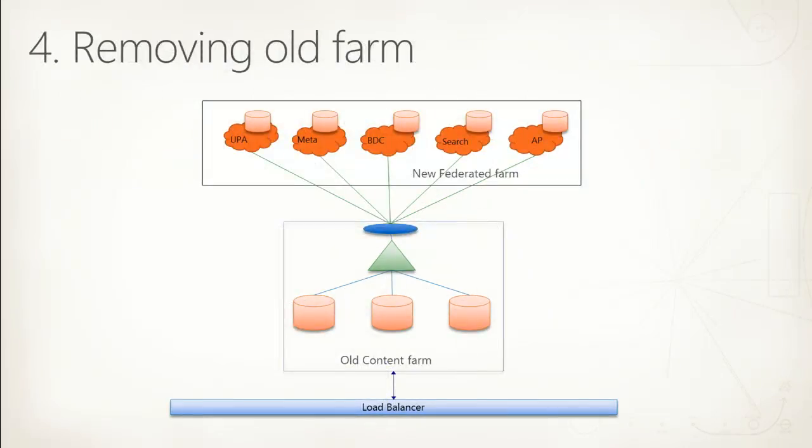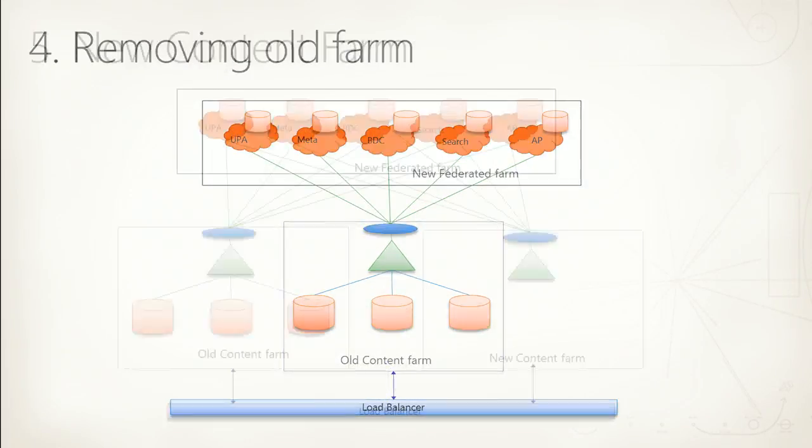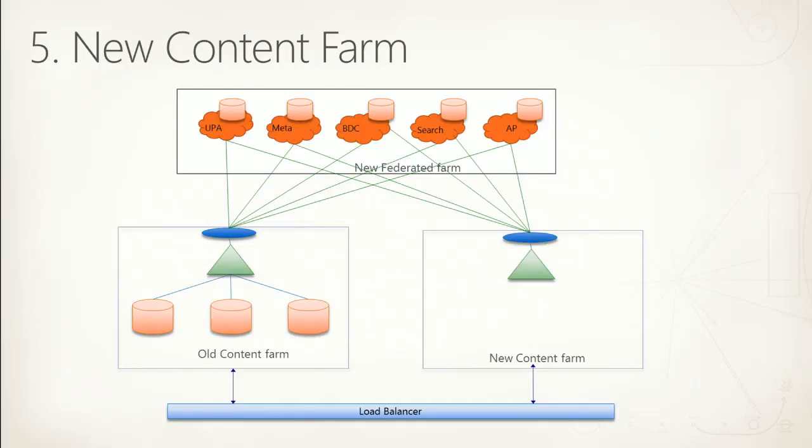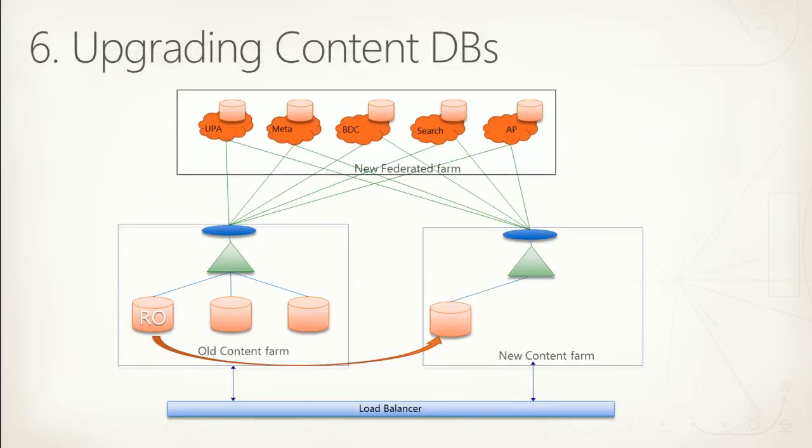Now we do a similar thing with the content farm. After we release the service back to Grid Manager, we deploy a new content farm. Again, new binaries, maybe 2013, might be a service pack, etc. We start going database by database. We never go all the databases at once.